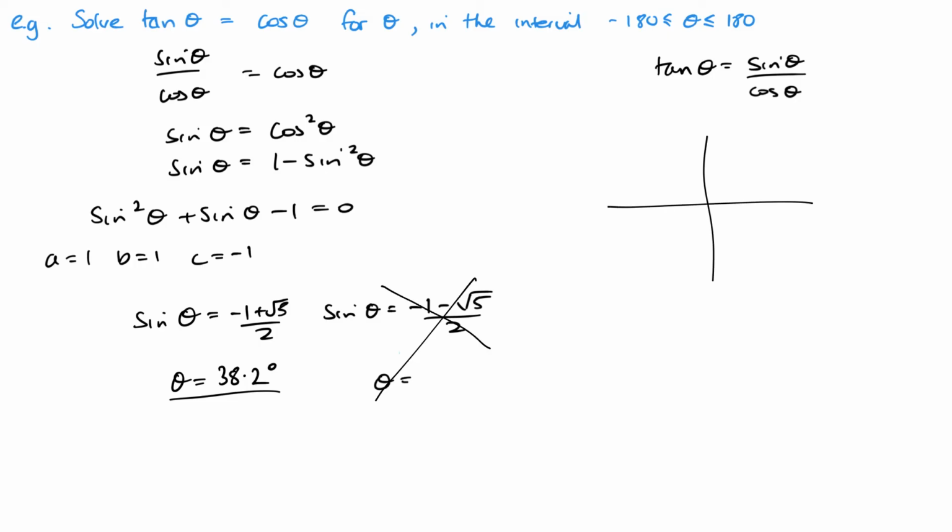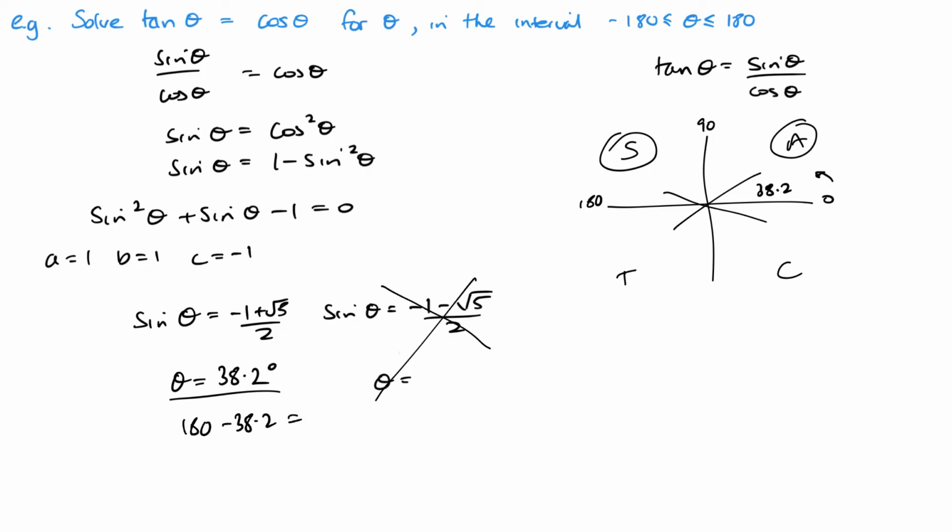Now, double checking, we can see that minus 1 plus root 5 over 2 is a positive value. So when we look at a CAST diagram, we are looking in these two sections here. We're going from 0 round to 180 at first, and we've got 38.2. So our second answer comes at 180 minus our 38.2, and that is 141.8 degrees.